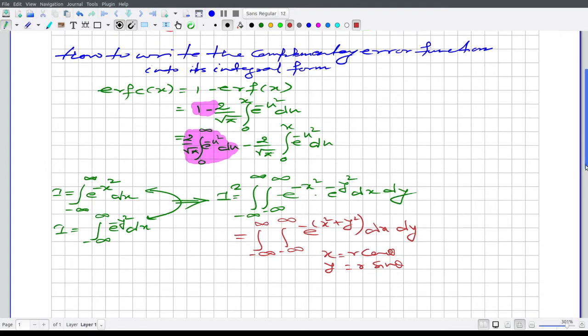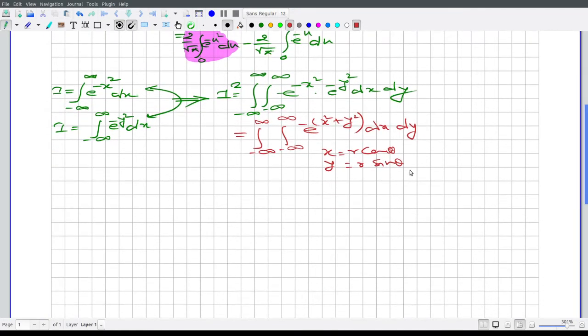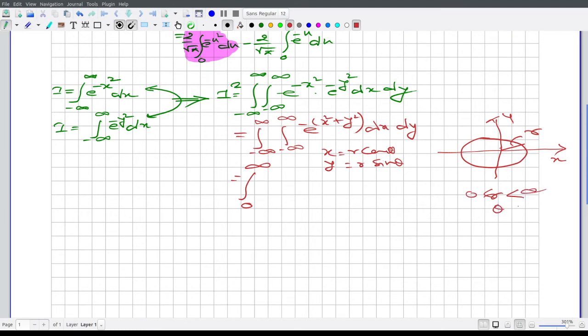For the limits, the r value will vary from 0 to infinity, but the theta value will be from 0 to 2 pi.